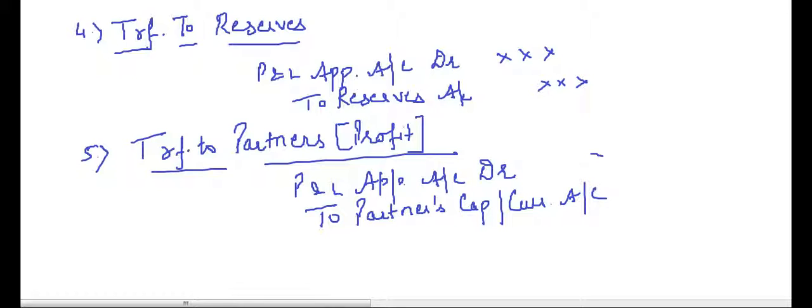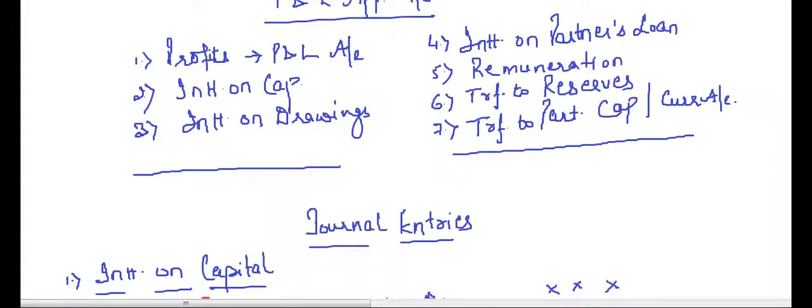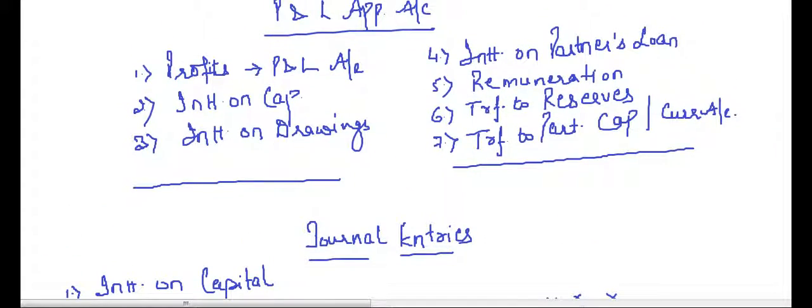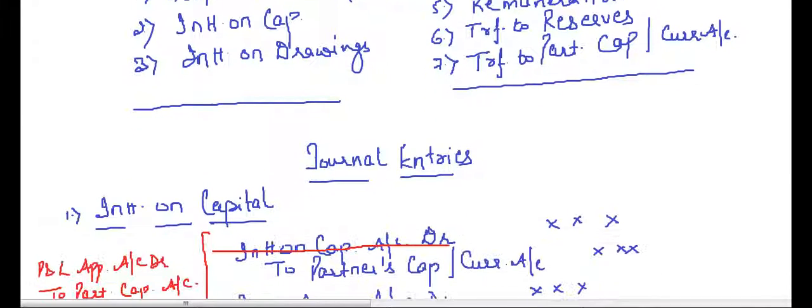This will be the amount of profit left to be distributed. Simple. So these are the journal entries regarding the profit and loss appropriation account.